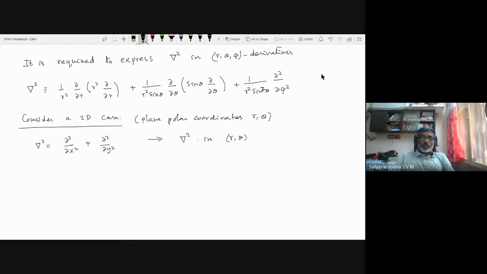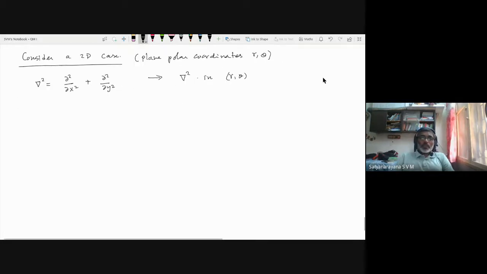Okay, so let us try to do this. This is a simpler exercise than the previous one. You know that plane polar coordinates are defined like this: x is equal to r cos theta and y is equal to r sin theta, so that r is given by square root of x square plus y square, and theta is given by tan inverse of y by x.